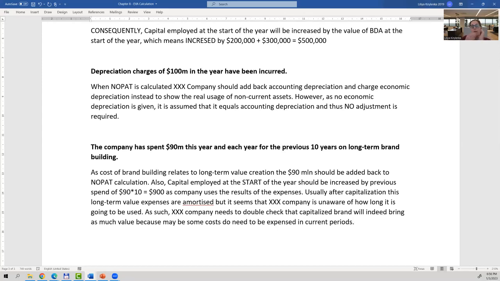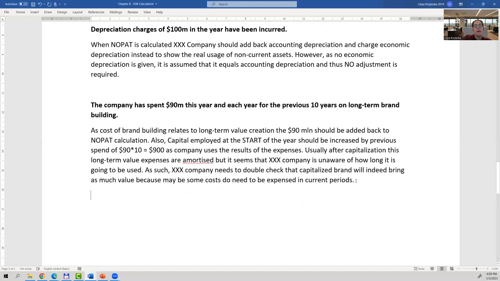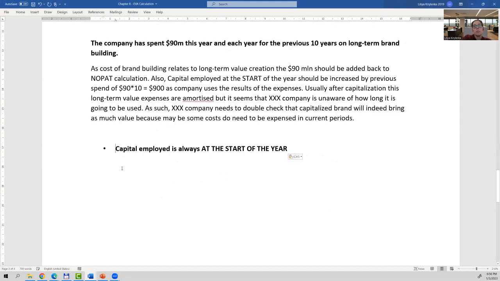And let us have a look at capital employed. So for capital employed, we will always take capital employed at the start of the year. And capital employed at the start of the year can be broken down in parts.